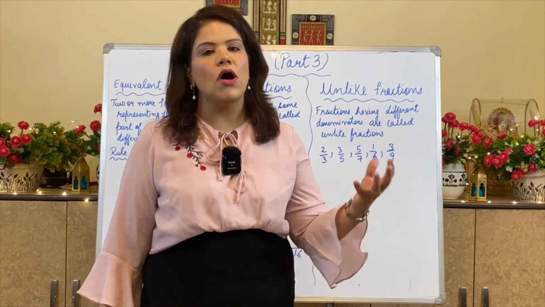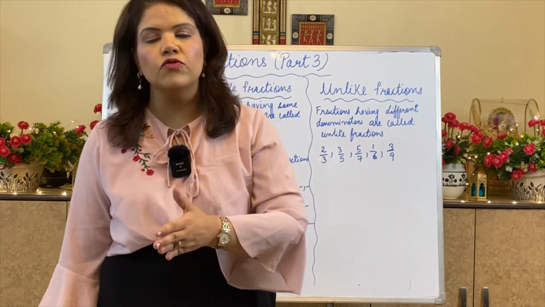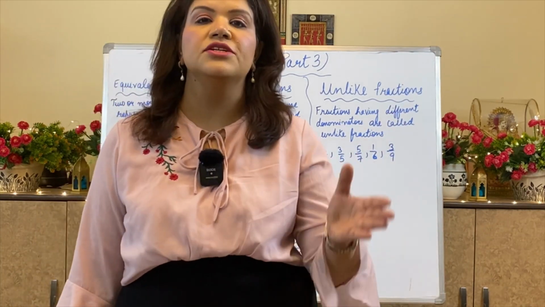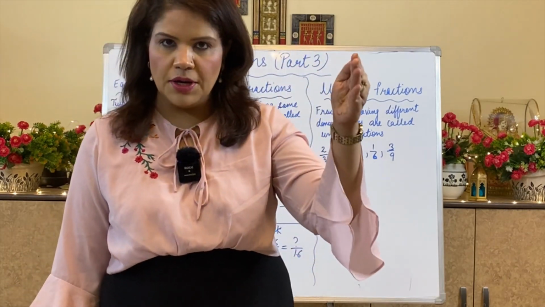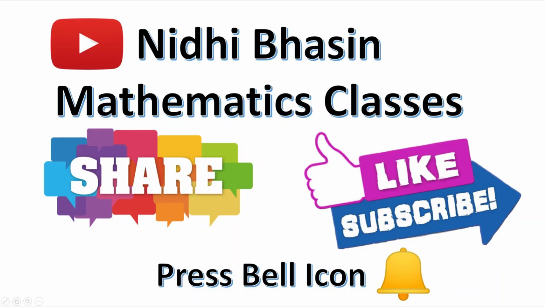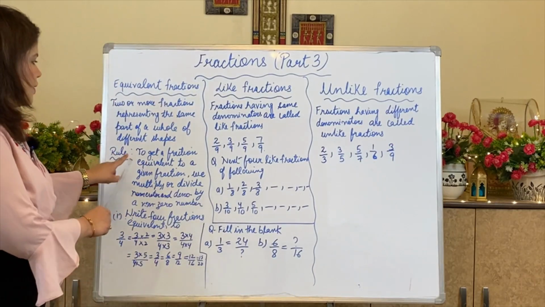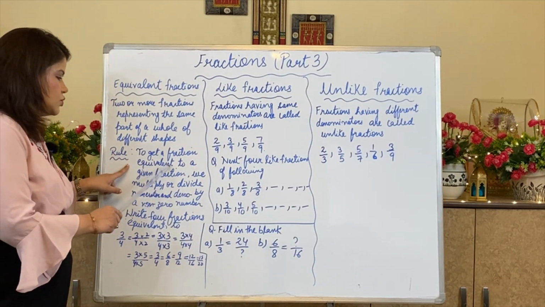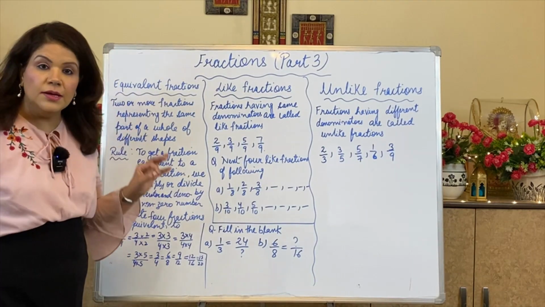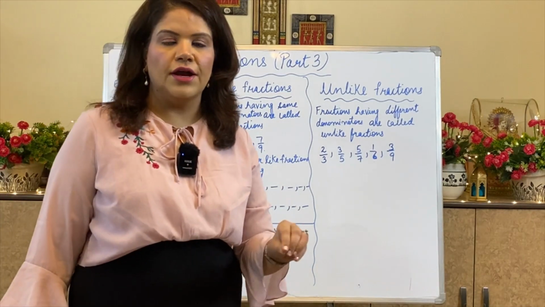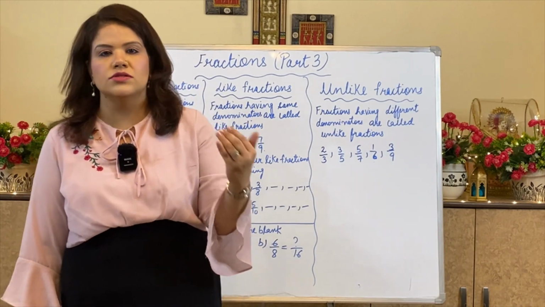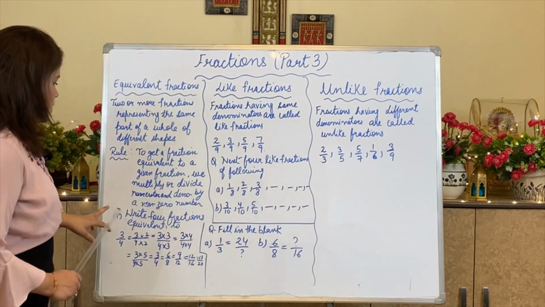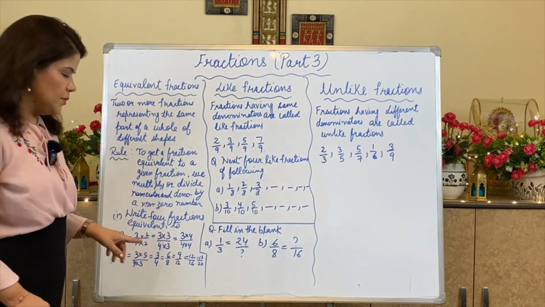Or if we want to go ahead of those equivalent fractions, we can multiply the numerator and denominator by the same number. To get a fraction equivalent to a given fraction, we multiply or divide the numerator and denominator by the same non-zero number. Let me take one example.